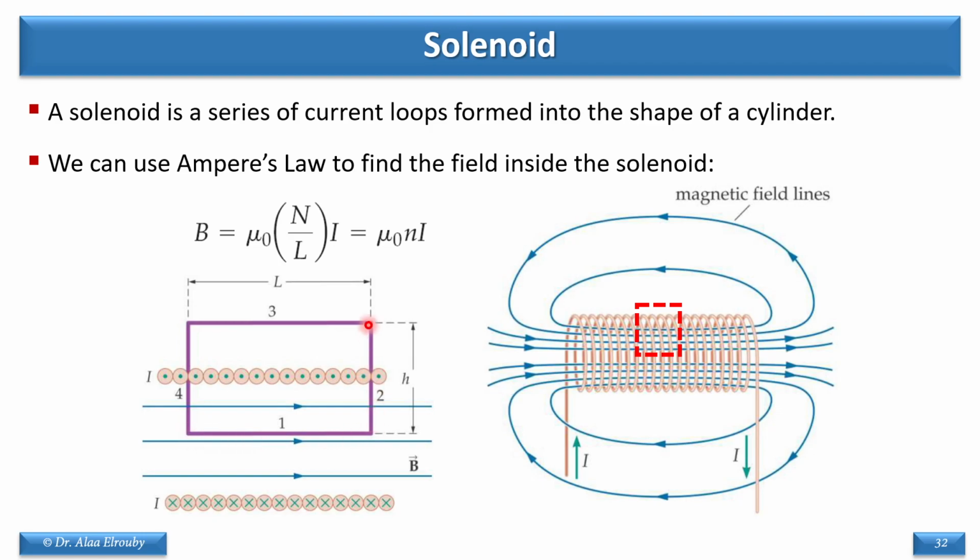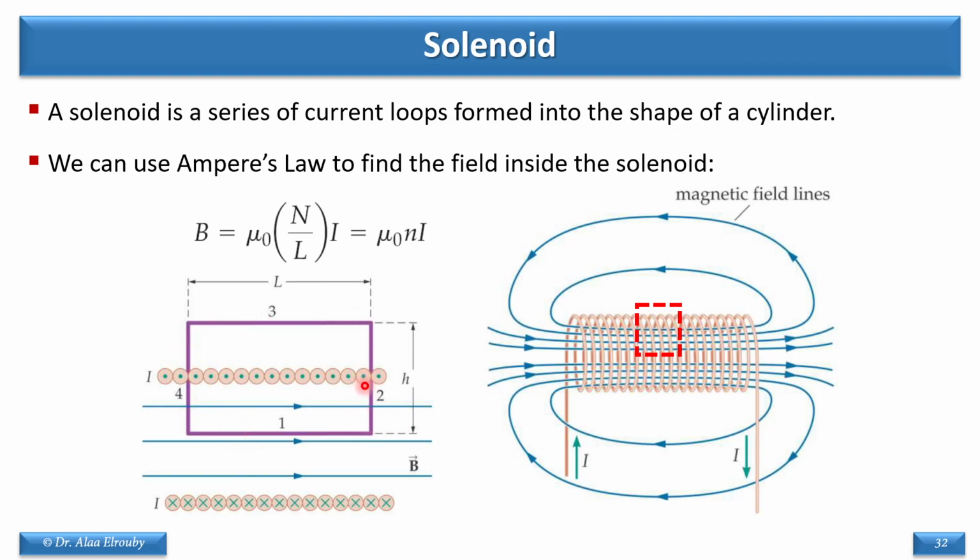On arm number 2 and arm number 4, B dot dl equals 0 because B and dl are perpendicular. On arm number 3, B equals 0, it's negligible, just outside the solenoid. So the only contribution is coming from this side, which is B multiplied by delta L.